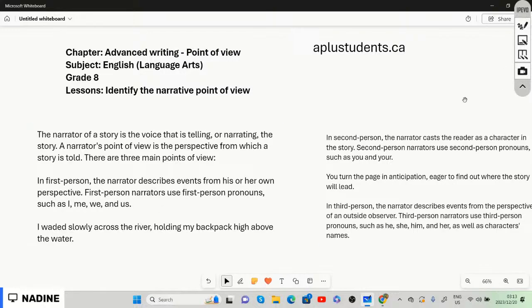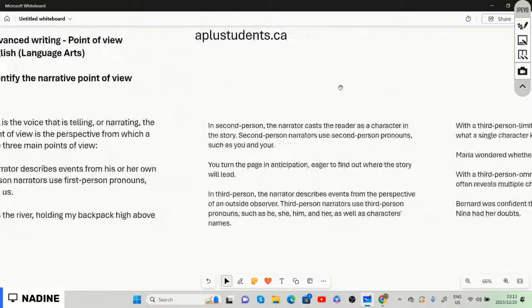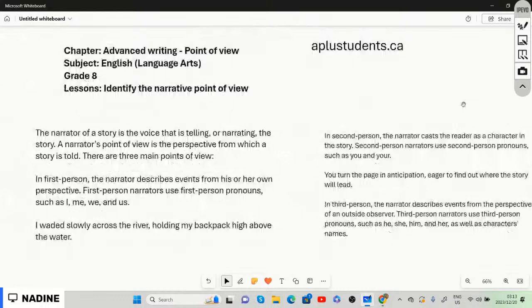Then we have second person, right? So we said in first person, the narrator uses words like I, me, we, or us, which are the pronouns. And the narrator describes events from his or her own perspective, and that is first person narrating.